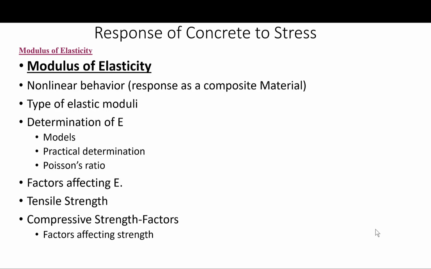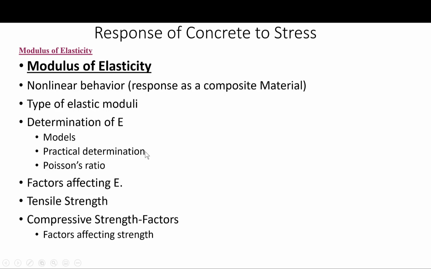topics: the non-linear behavior of the concrete, the response of a composite material, the elastic moduli, the different types of the elastic moduli, how we determine the elastic modulus. Basically, there are models proposed how to determine it.